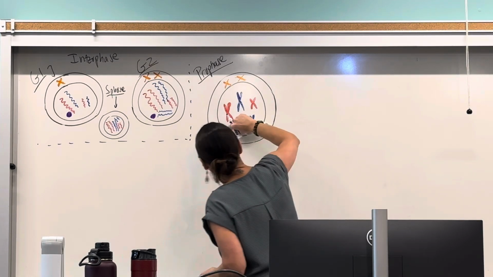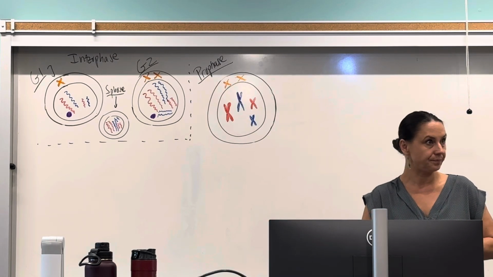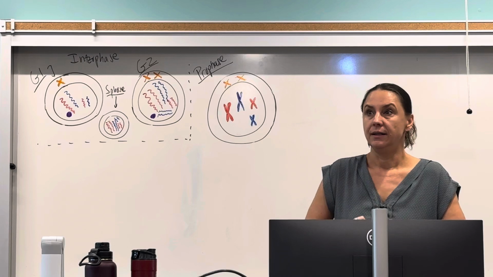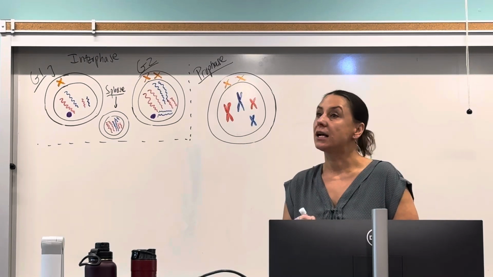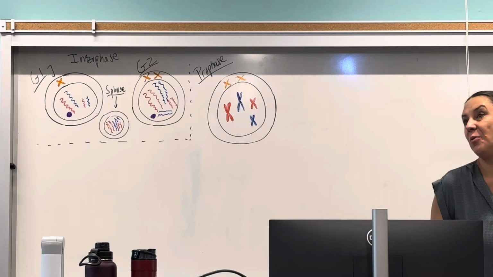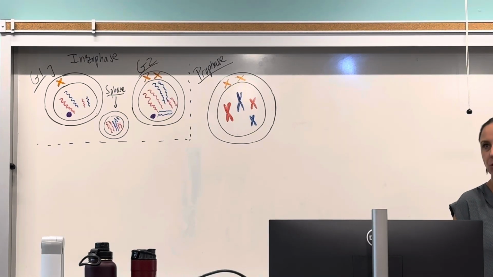That nucleolus disappears because we don't need it right now. Okay? Nucleolus is the same as nucleoli, because some cells have a couple of nucleoli within their nucleus. So nucleoli or nucleolus disappears.